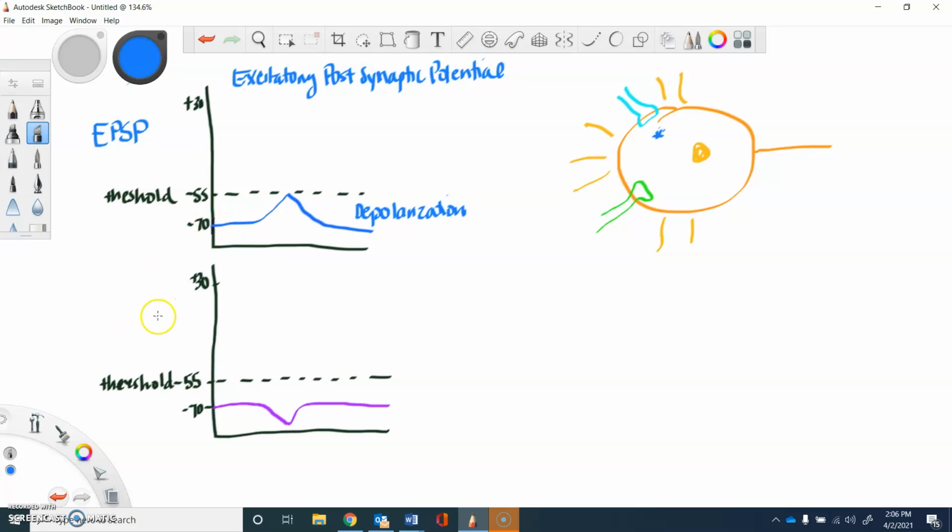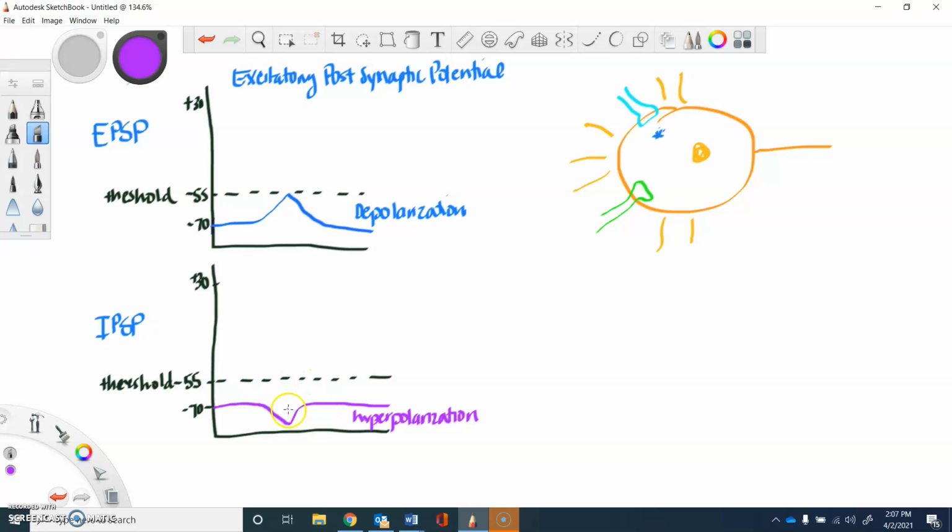On the bottom here, we have an IPSP. So that is inhibitory. And look at here, this is a hyperpolarization. The membrane is getting more negative.